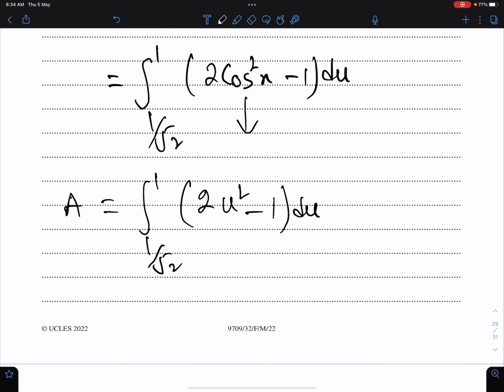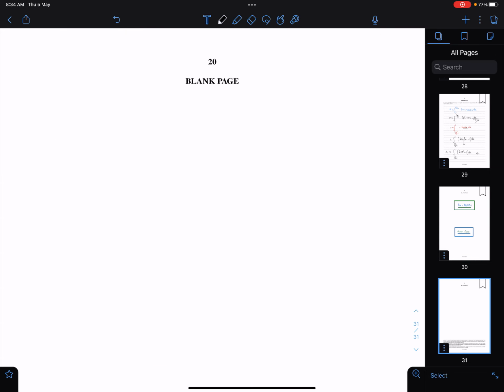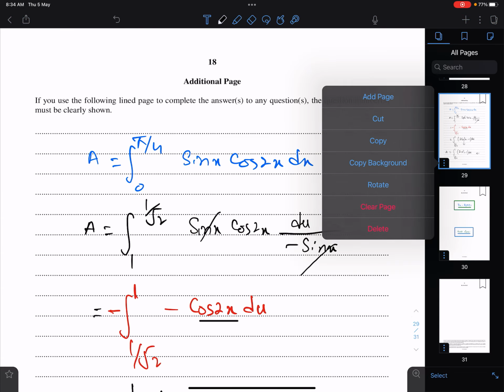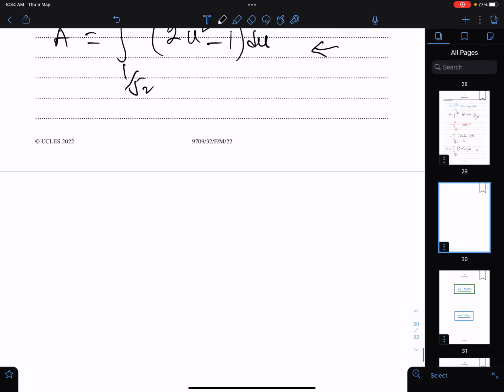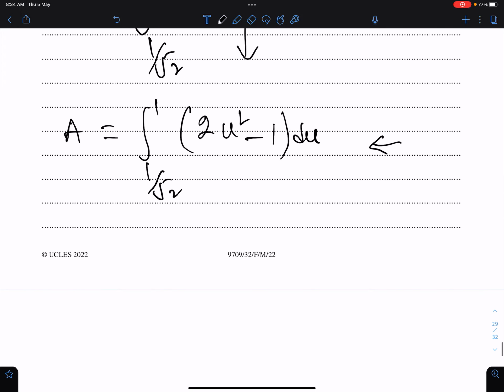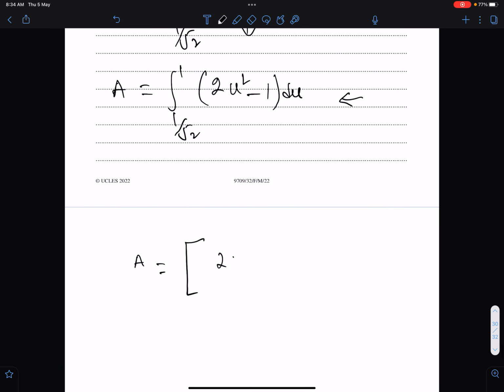This is the simplified form after the substitution. Now we have to integrate this function, 2u square minus 1. When we integrate 2u square minus 1, we'll get 2u cube over 3 minus u. And limits are 1 upon root 2 and 1.